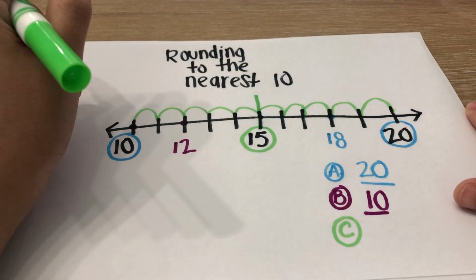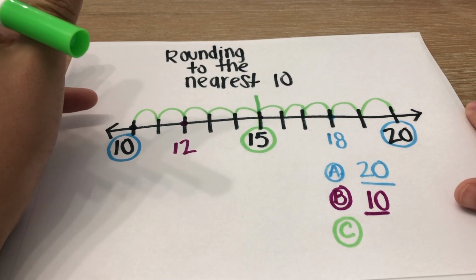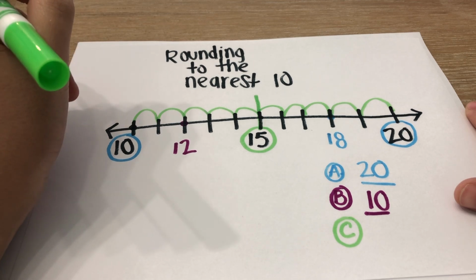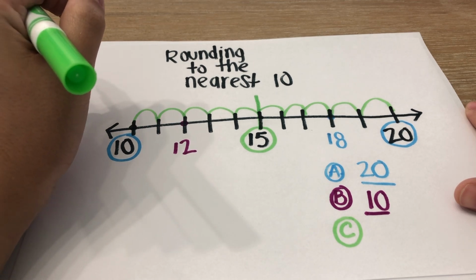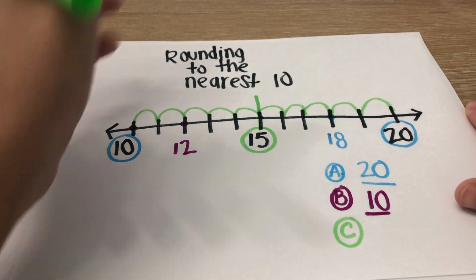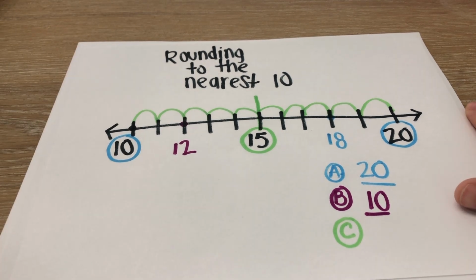Also, rounding is usually used to help you make sure that you have enough of what you may need. You're gonna buy something, right? And you know that you have, let's say, 15 students in your class. And you're gonna go to the Dollar Tree and you're gonna buy one thing for each of those 15 students.